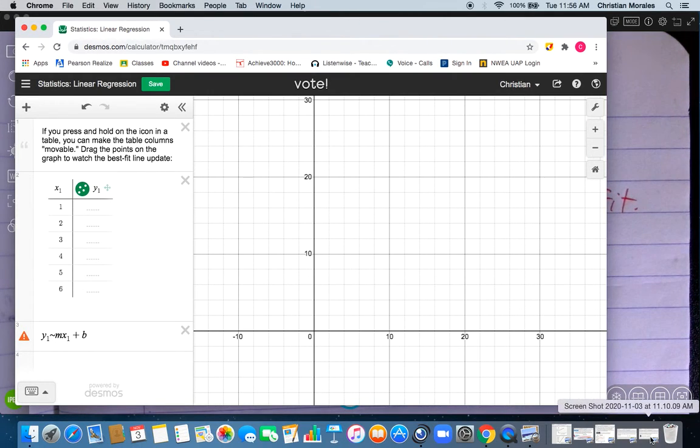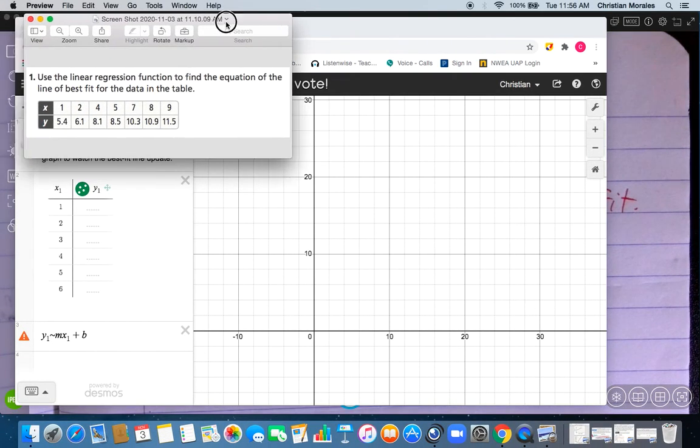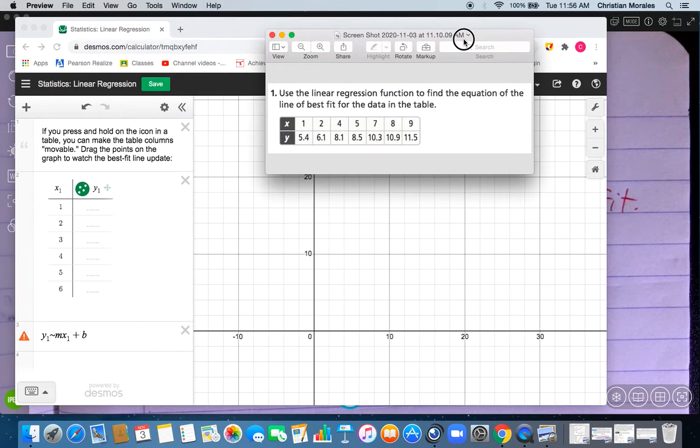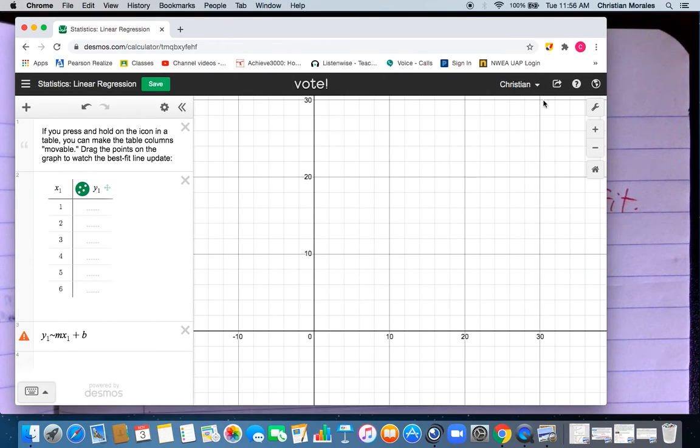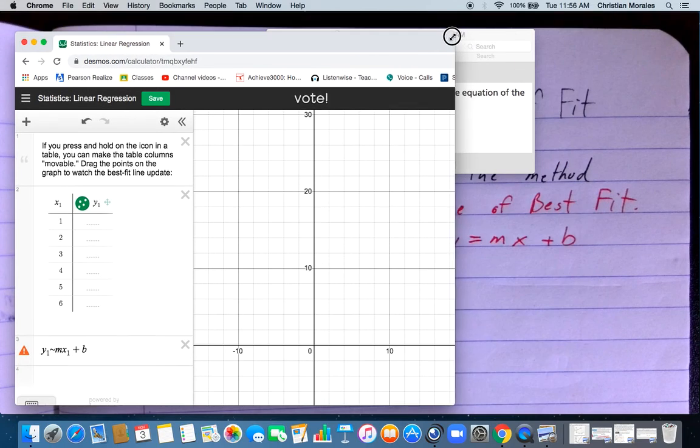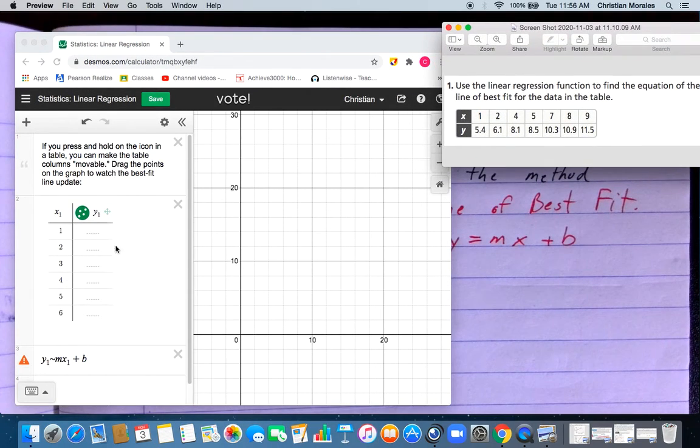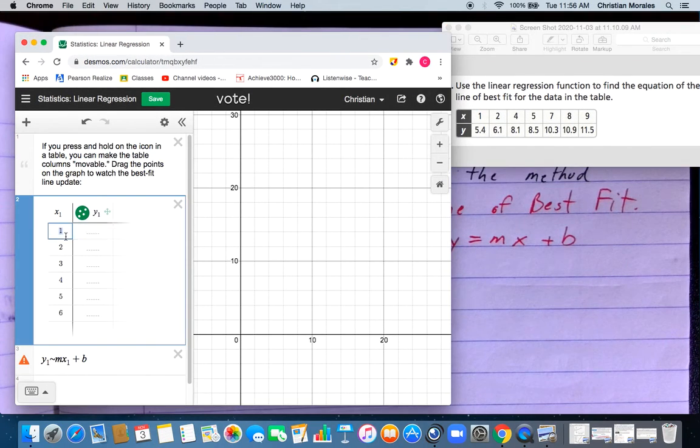So let's look at example number one. Use linear regression to find the equation of the line of best fit for the data below. So guys, what we have to do is take these numbers. I'm going to make all the x's. I have to split up the screen. Okay, so 1, 2, 4, 5, 7, 8, and 9.